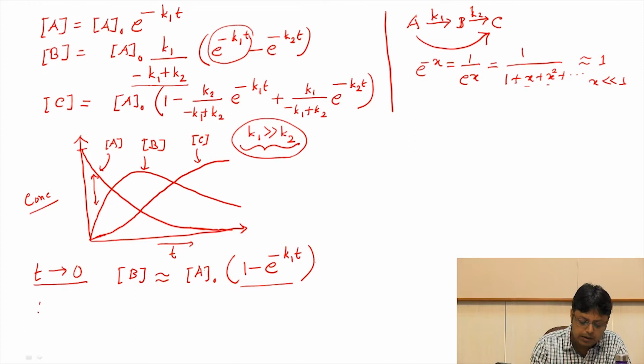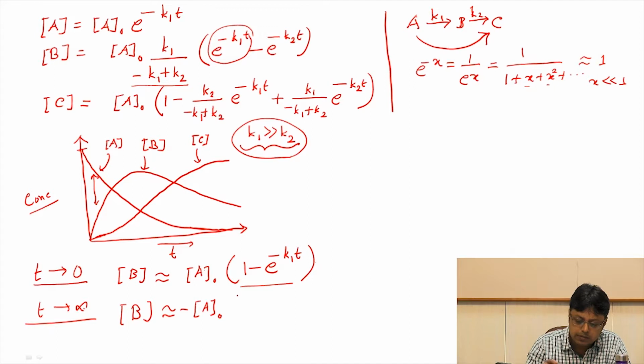However, at a very long time, what will happen? We still have the same condition, K1 is much larger than K2. So this will be just minus A0 because there is a minus sign.